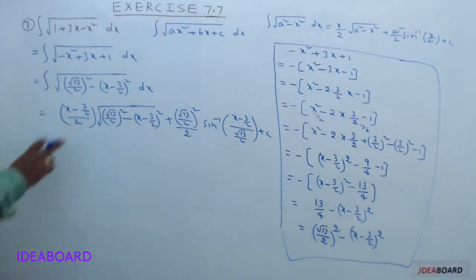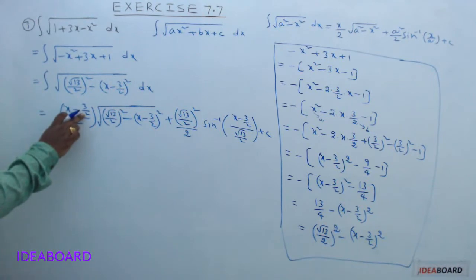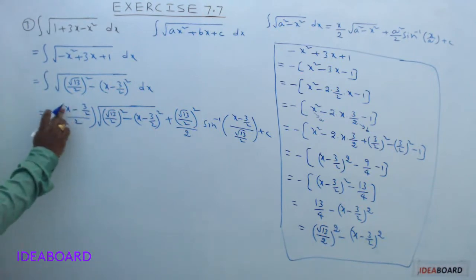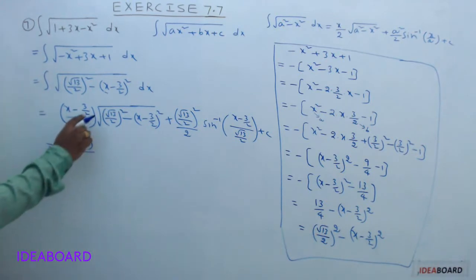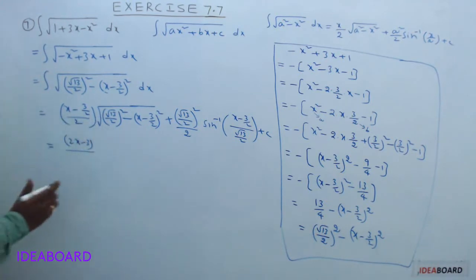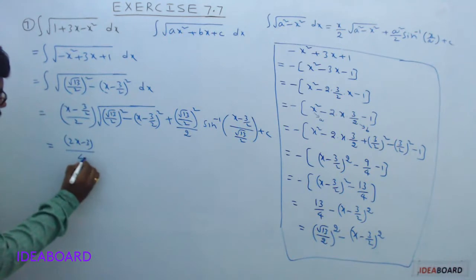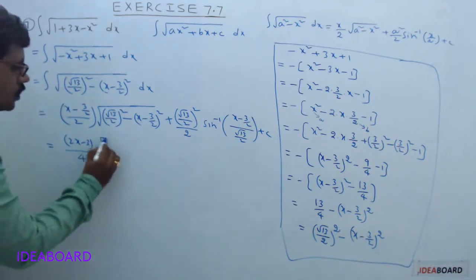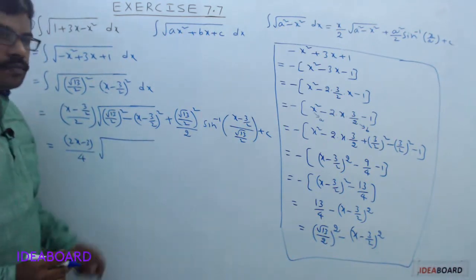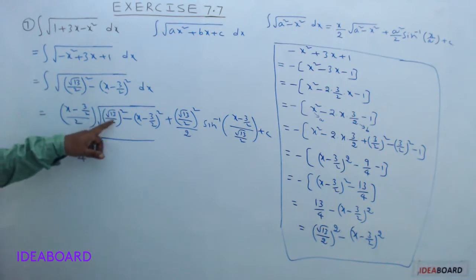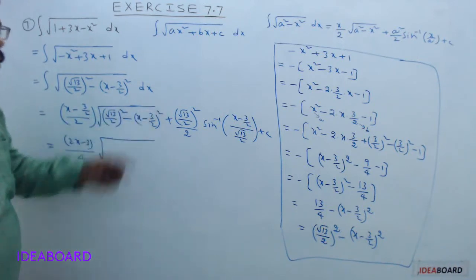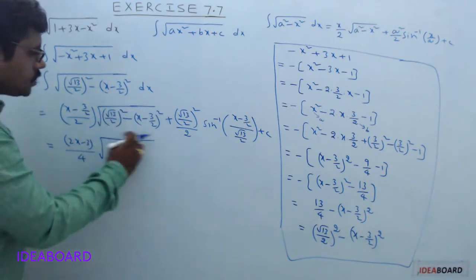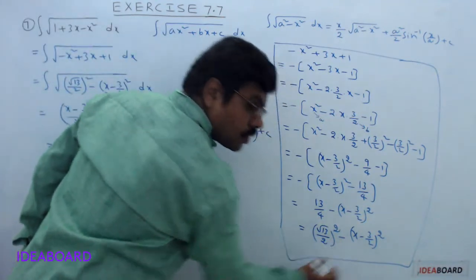Now this is LCM in the numerator 2. Then it will be 2x minus 3 divided by, this 2 will be transferred to denominator. So 2 into 2 is 4 into square root of root 13 divided by 2 whole square minus x minus 3 by 2 whole square. This expression is nothing but this one.